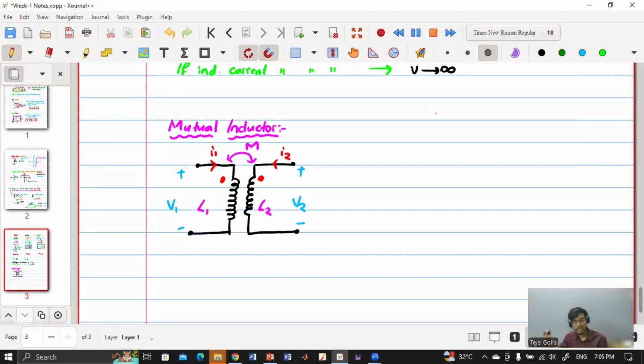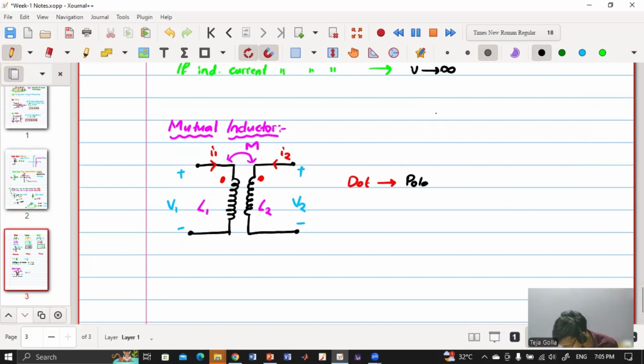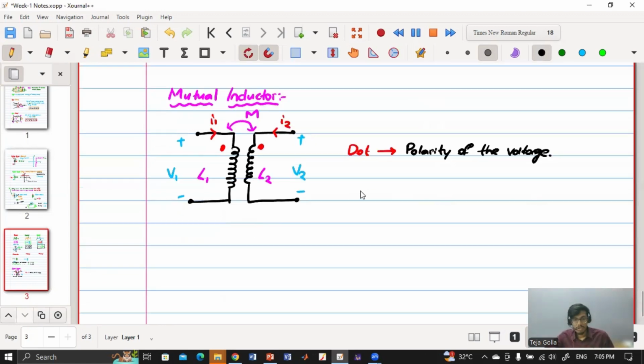The dot is important to know the polarity of the voltage. Depending on whether the current is entering the dot or leaving the dot, the voltage polarity is decided.